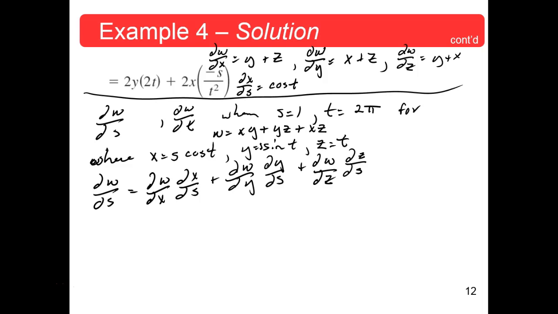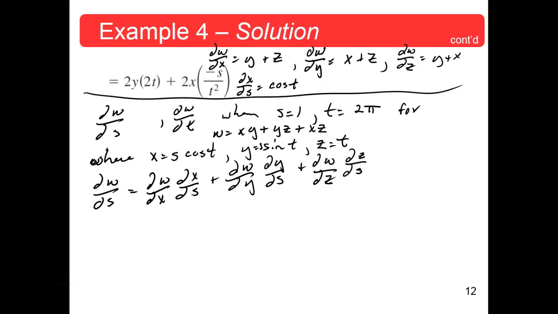Now they don't have it in the slide set, so here's what I've done. I really dislike the way they've worded the problem. They say, find the partial of W with respect to S and the partial of W with respect to T when S equals 1 and T equals 2 pi.